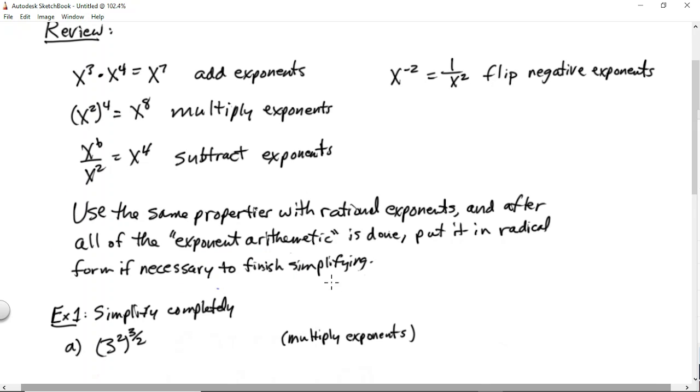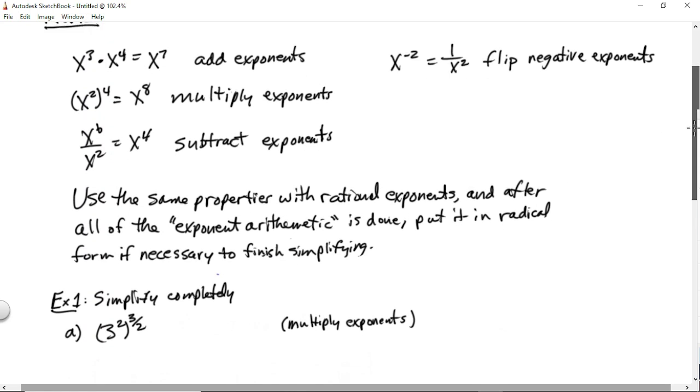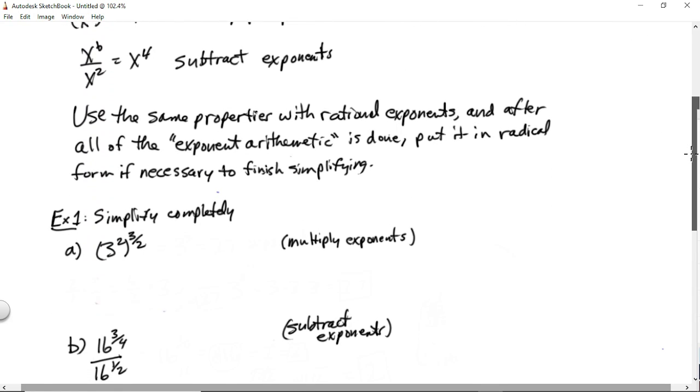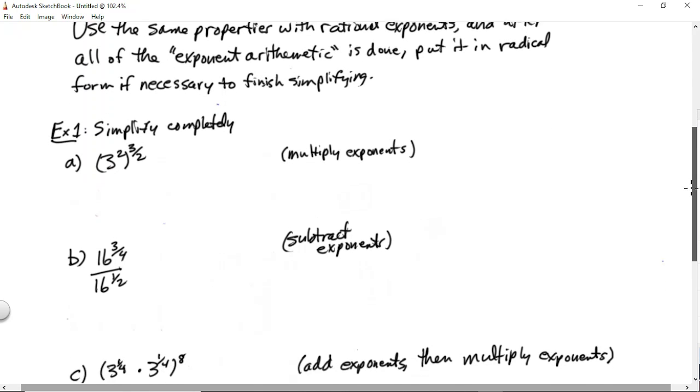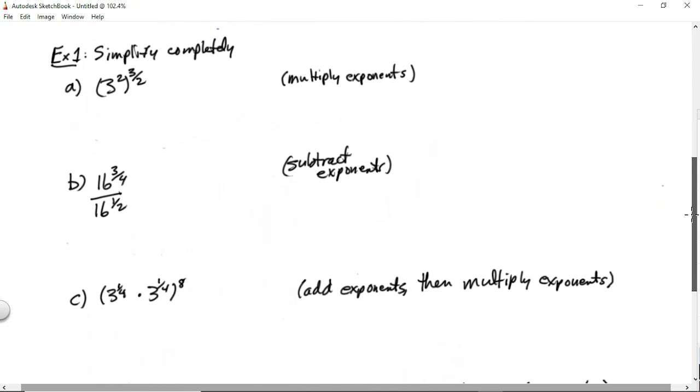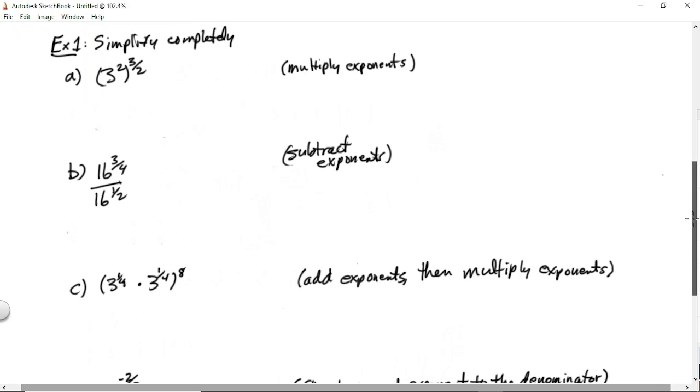Okay, so look at these examples. These do have fractions in the exponent. So we have a power raised to a power, right? We have a power of 2 raised to the power of 3 halves, but one of those this time is a fraction.